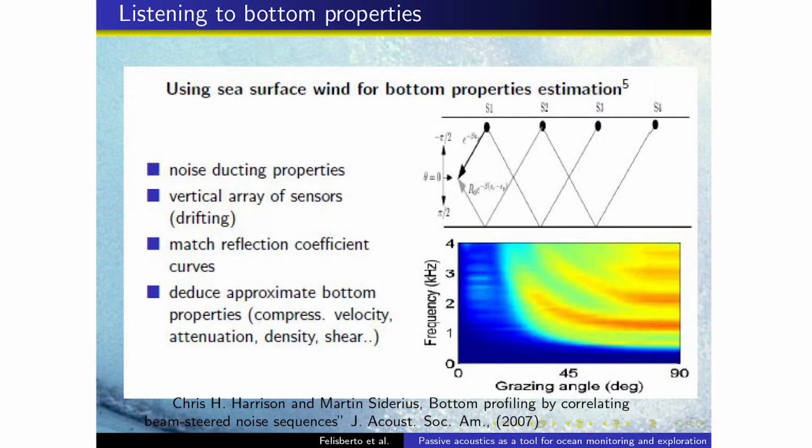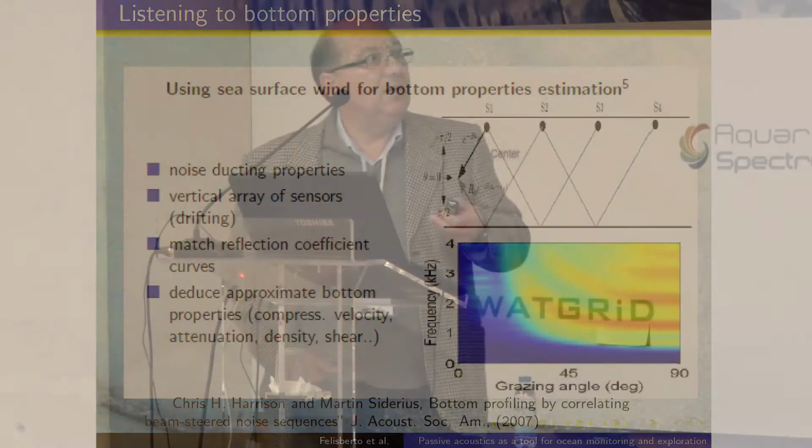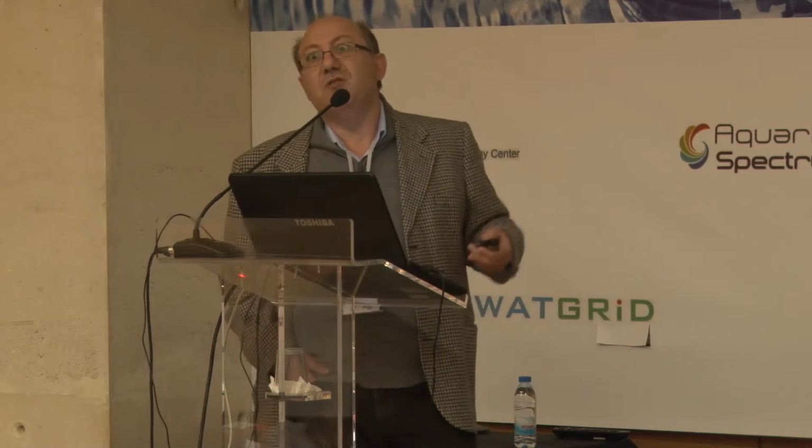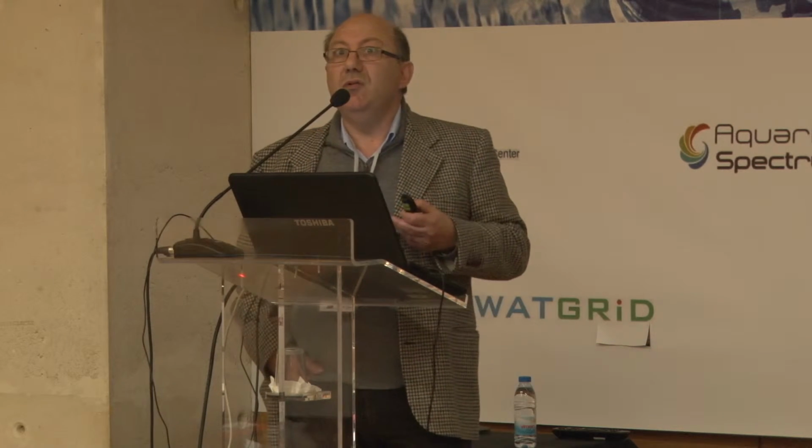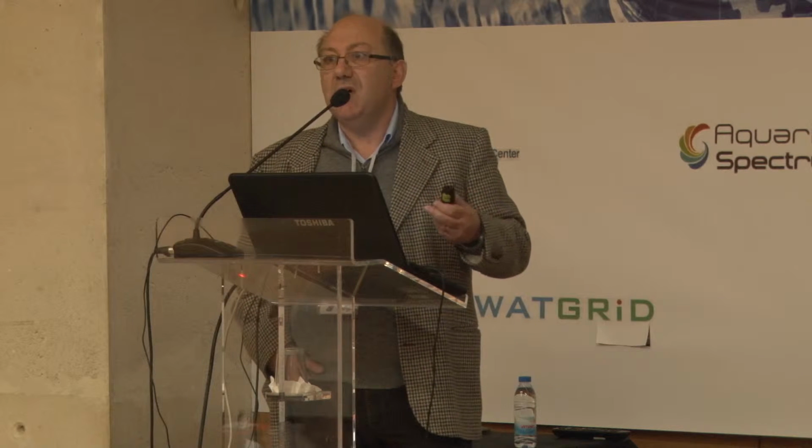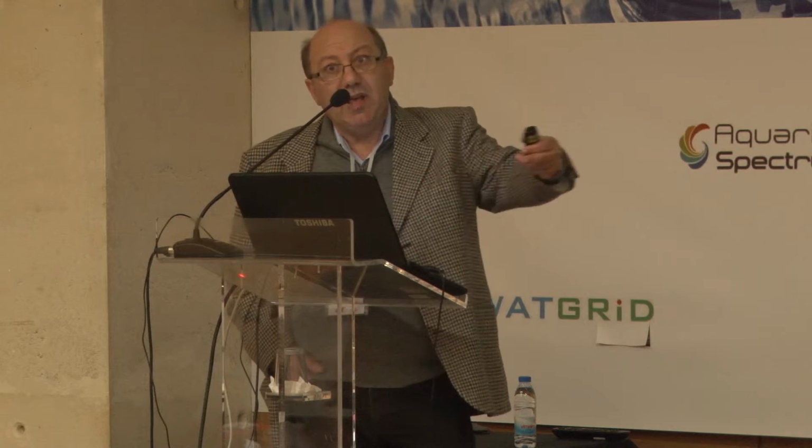The acquisition system is composed of a vertical array, and it was a drifting system, so it is relatively cheap to map a relatively broad area of a coastal area.